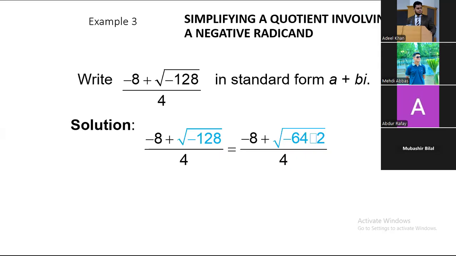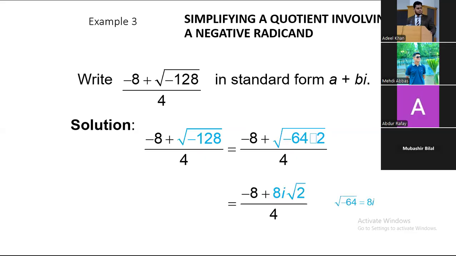by taking the rule of LCM, we get the factors -64 multiplied by 2, and both the terms of -8 and 4 are represented over here.